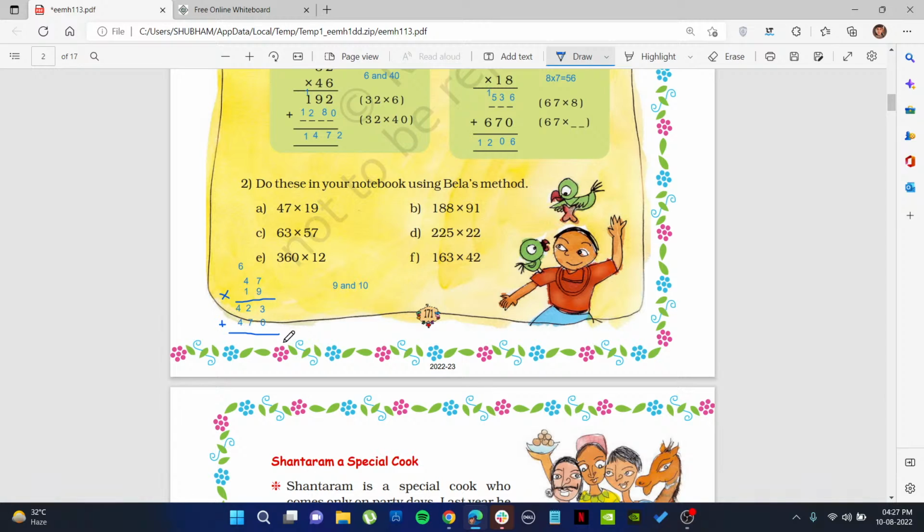On adding these two numbers, we get 0 add 3 will be 3. 7 add 2 is going to be 9 here. 4 add 4 will be how much? It will be 8. So we get 893. So our final answer for question A is 893. Let's write down here.